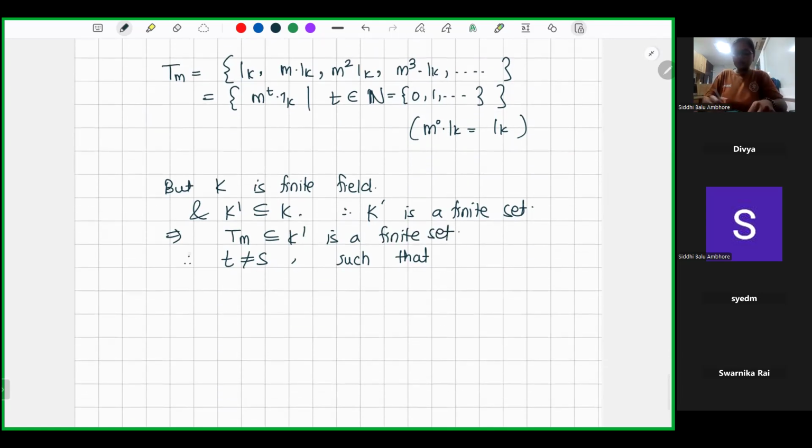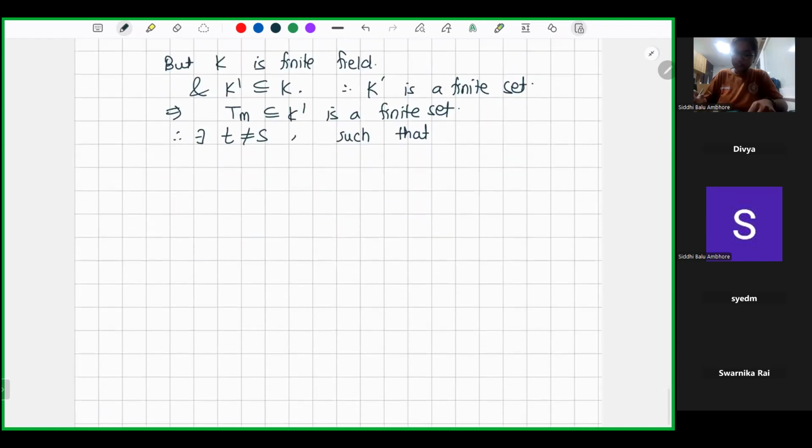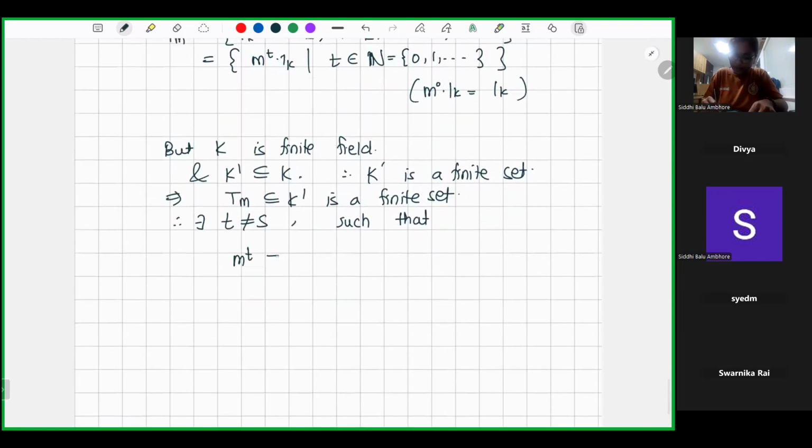So there exists some t not equal to s such that m power t is not equal to m power s, and therefore this m power t times 1k will be equal to m power s times 1k.